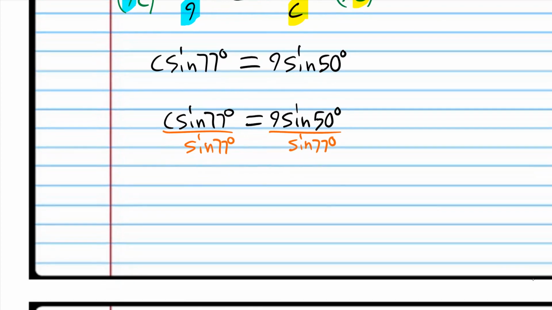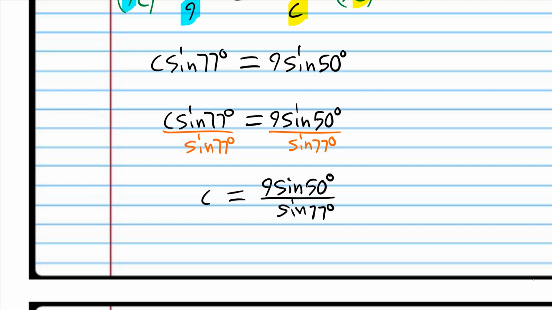And we get c is equal to 9 times sine 50 degrees over sine 77 degrees. So by now you should have a fairly good idea how to do this in your calculator. 9 times sine 50, enter, divided by sine 77, enter.